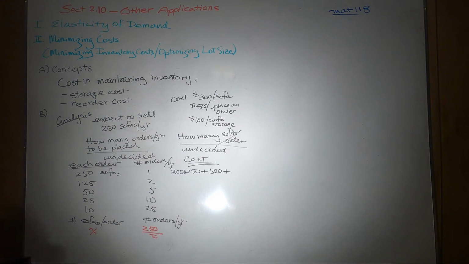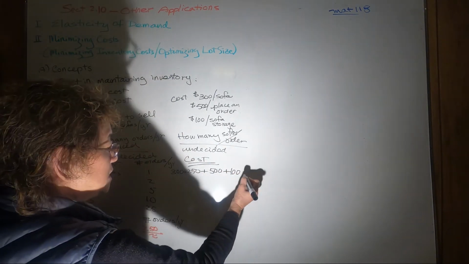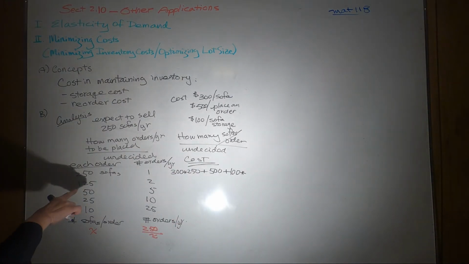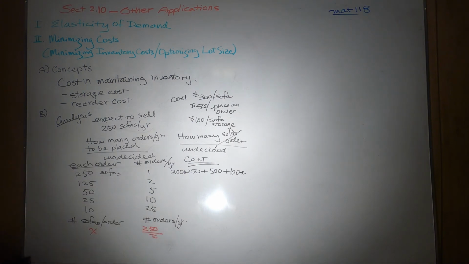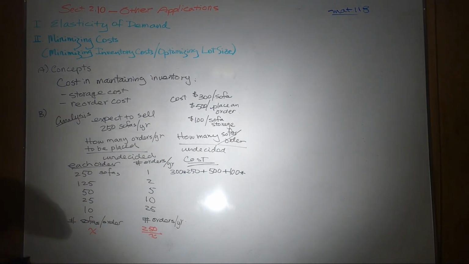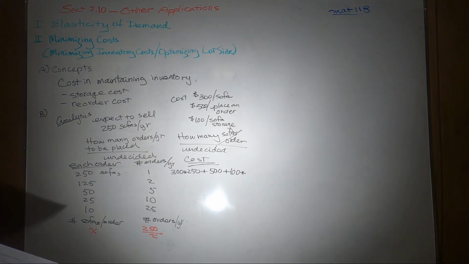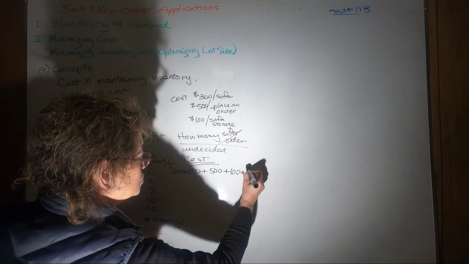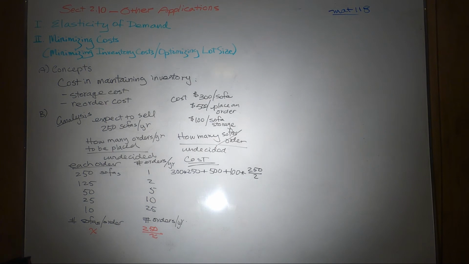It's not 250 times 100, because it's $100 each one, but at the beginning of the year you have 250. To the end of the year you sold them out, then you will have 0. So you average out. It's half of the size from the beginning. Okay, so you would do 250 divided by 2.